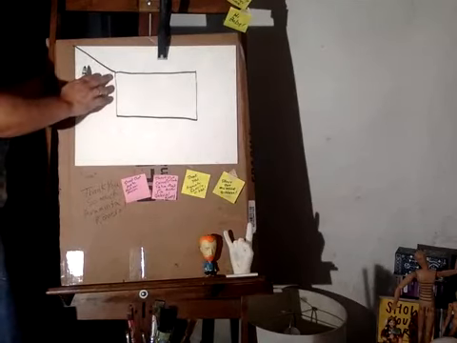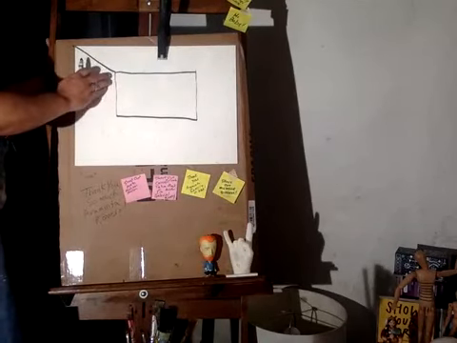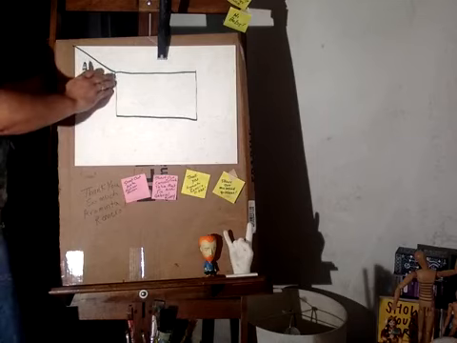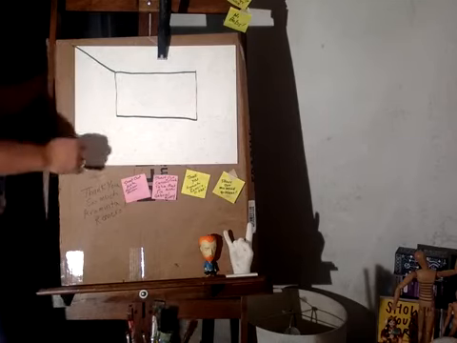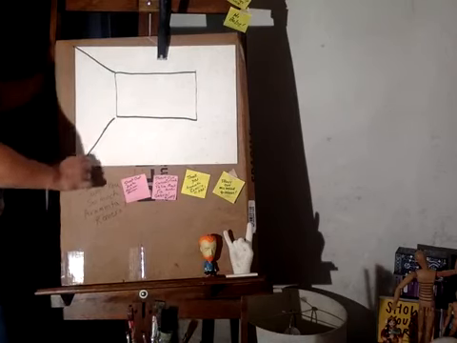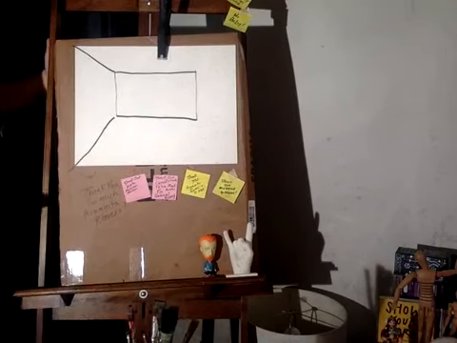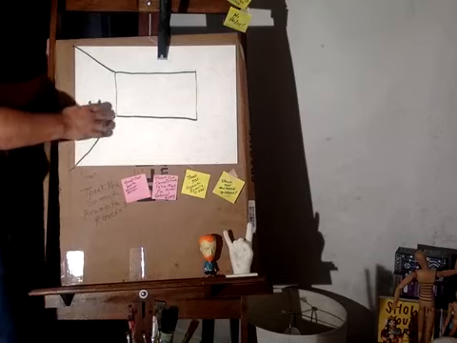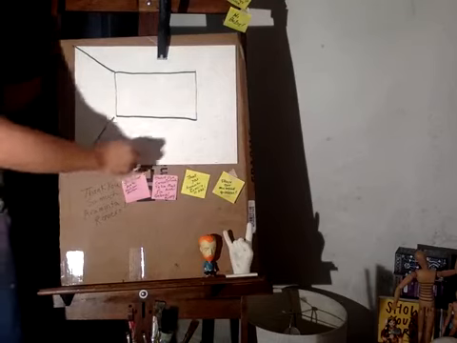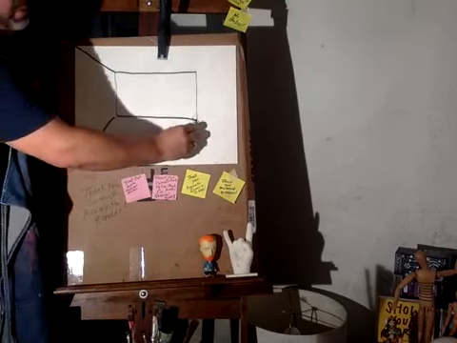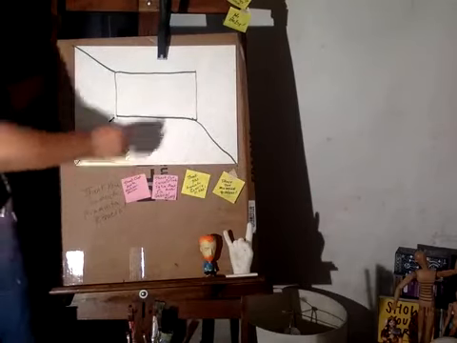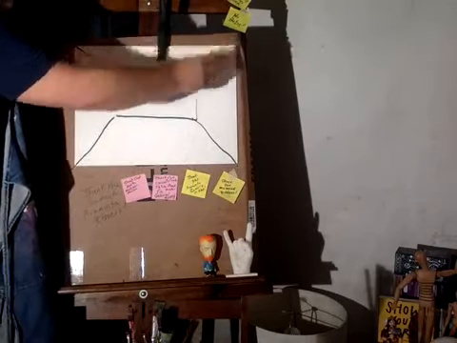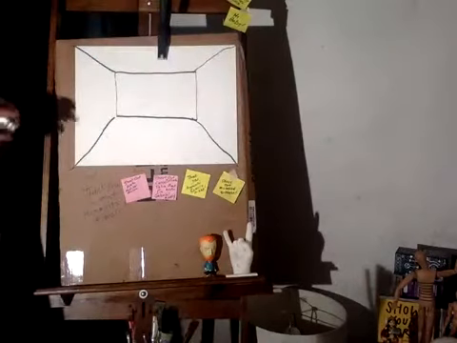We're going to start off with one corner, the top left-hand corner, or maybe top right-hand corner, and your vantage point. We're going to do the top corner all the way to the corner of the paper. And down here, we're going to do the bottom corner of the rectangle all the way to the bottom of the paper. I'm going to go to the other side and go over here, and then all the way to that other corner.